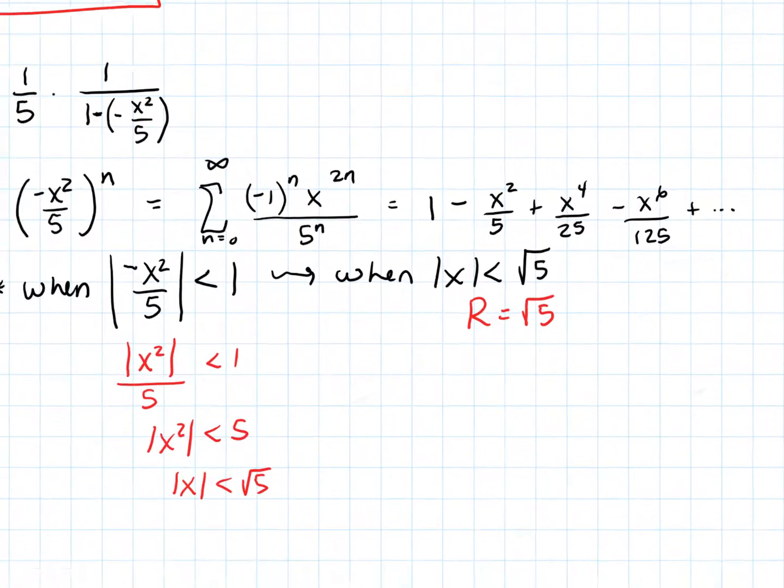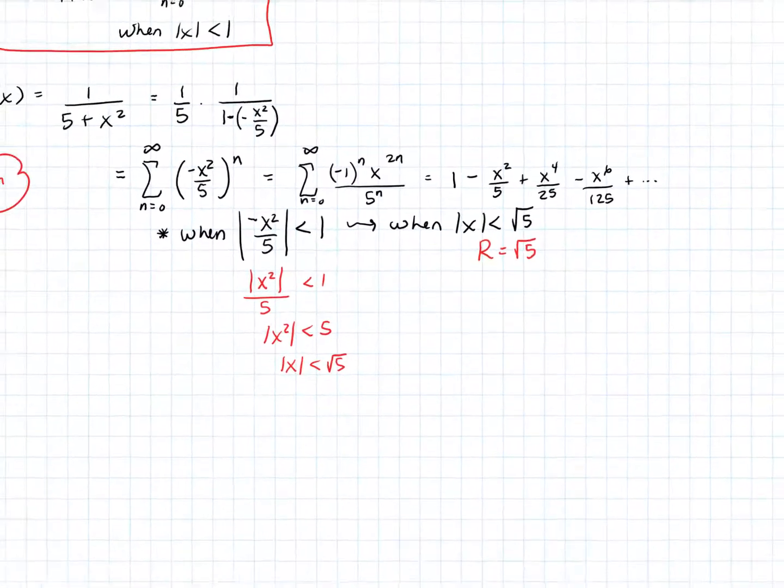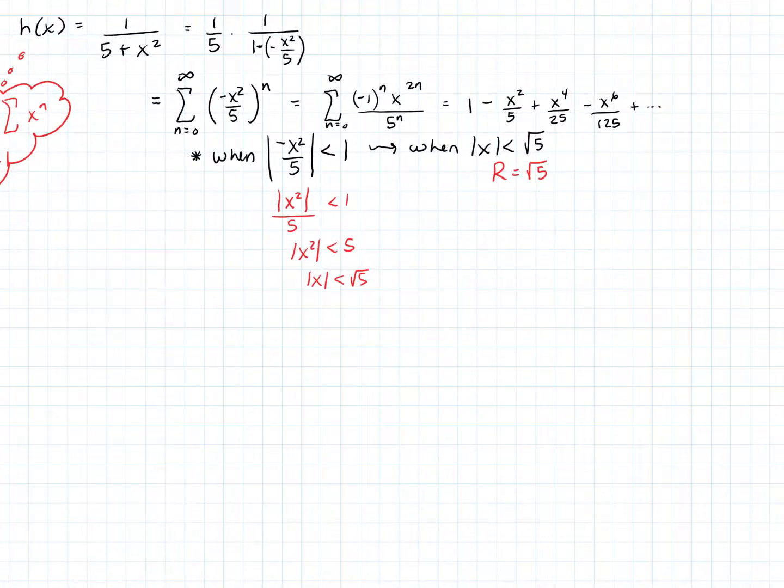So that's what this expansion looks like. Sometimes we can get a little bit lost in the power series, but we are looking at these infinite polynomials, and its radius of convergence is going to be root 5.